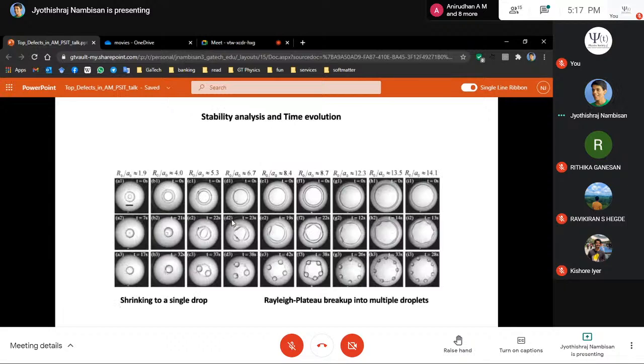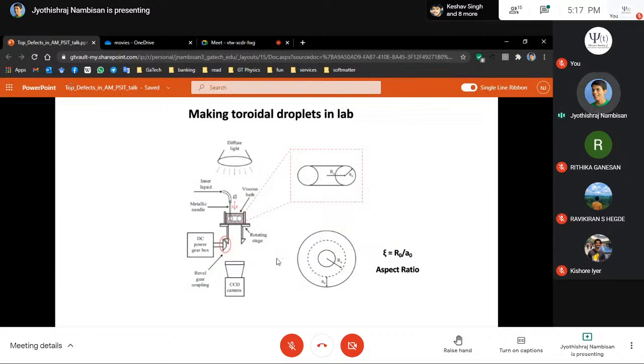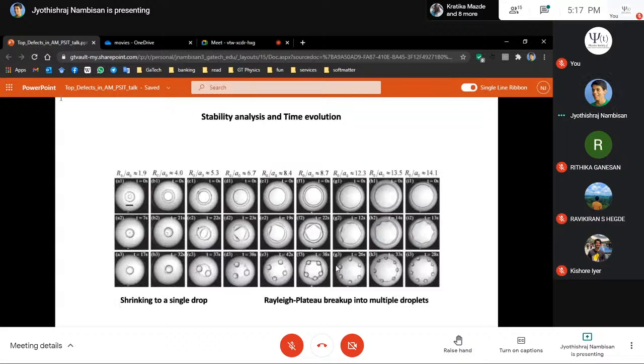This is prior work done in my lab at the earlier part of this decade or even before, in which you create toroidal droplets, and since they are unstable, since surface tension dominates, they end up being spheres. Depending upon their aspect ratio, the length scales in a toroid, they can either shrink to a single sphere or they can break into multiple droplets.